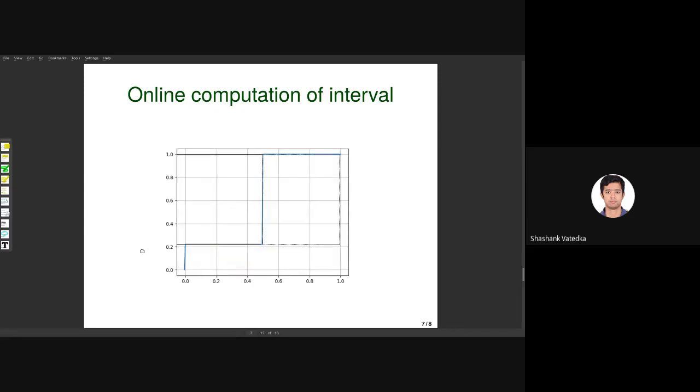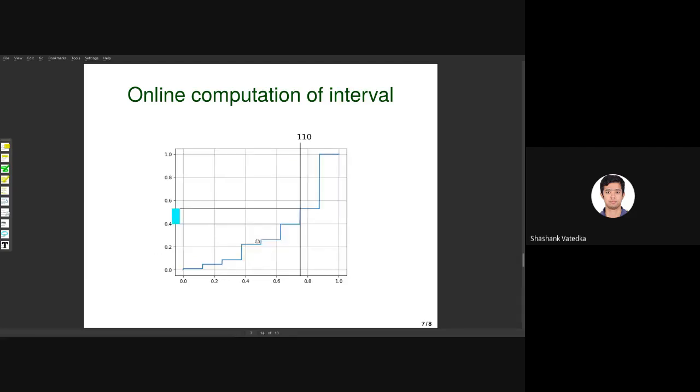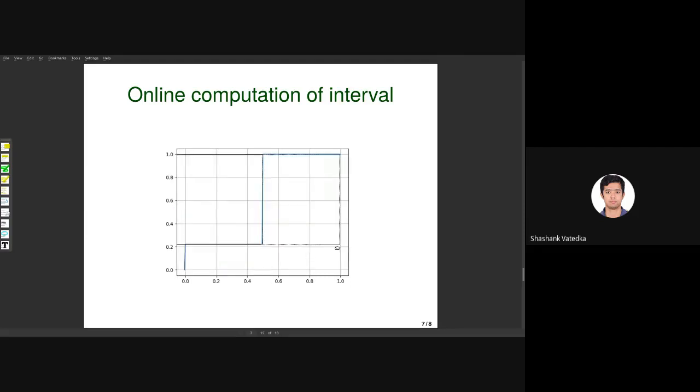All right. So to see why we can compute it efficiently, let's start from n equal to 1. So this is n equal to 1, and ultimately we're still interested in computing this interval for 110. Okay. So let us look at the first symbol. We get the first symbol. We know that it is a 1.